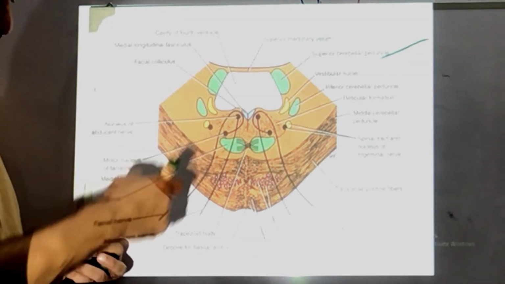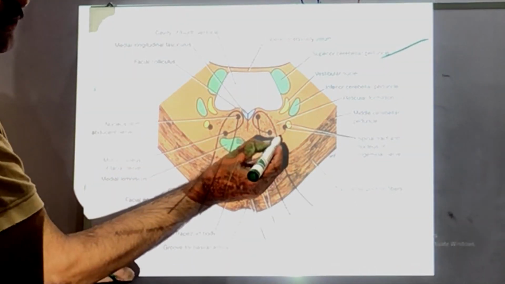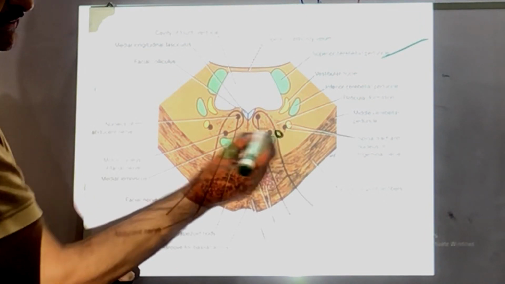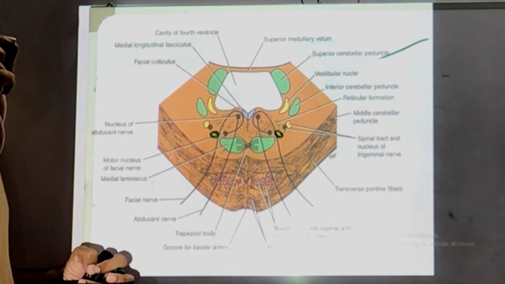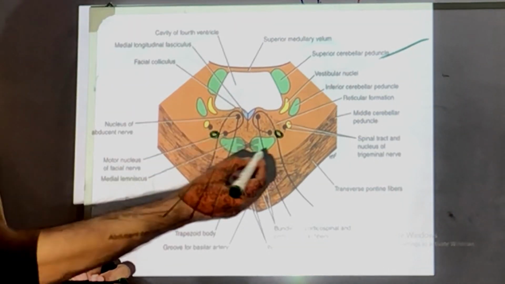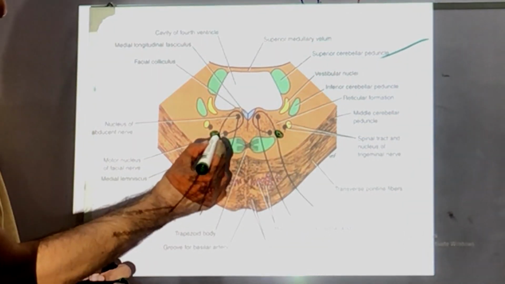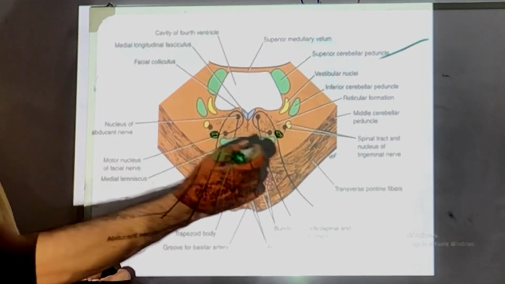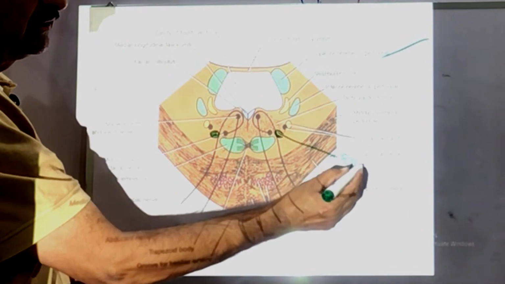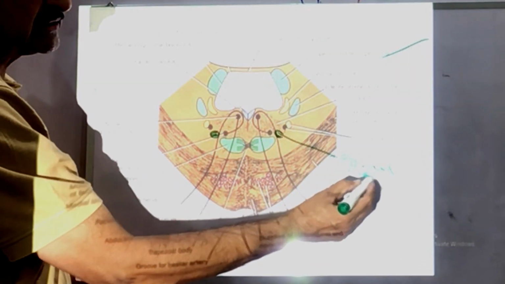Here in this diagram, especially, it hasn't been shown, but you can make it yourself, draw it like here. Because in the next diagram it has been shown, but in this diagram probably it has not been shown, so you can now call it spinal lemniscus.